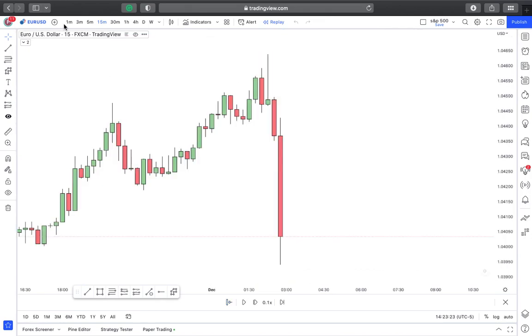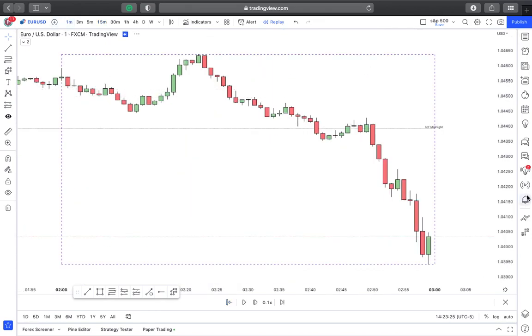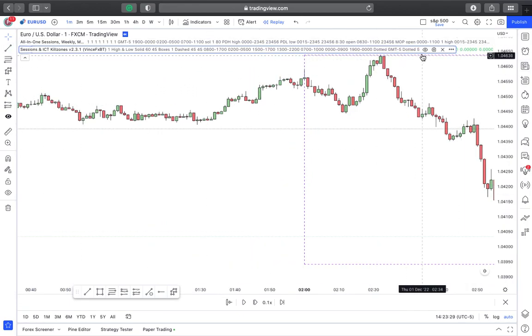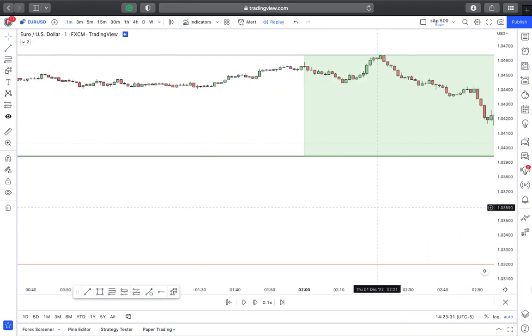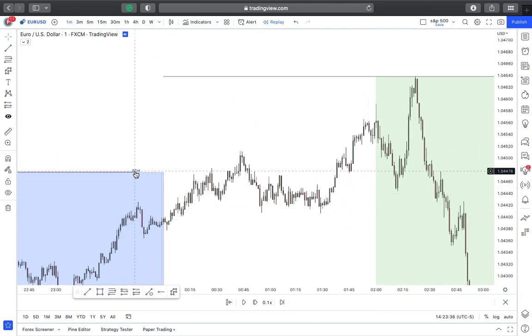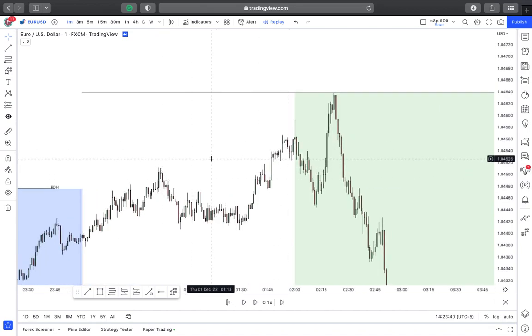Let me go somewhere over here and drop to the 1 minute time frame. Actually, let me hide this one. So you see, this was the Asian session high. When price clears this, you will wait for the market structure shift and fair value gaps.